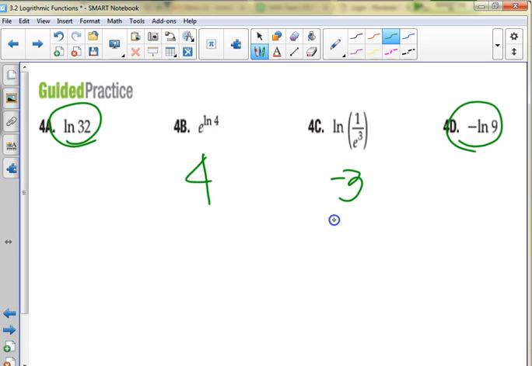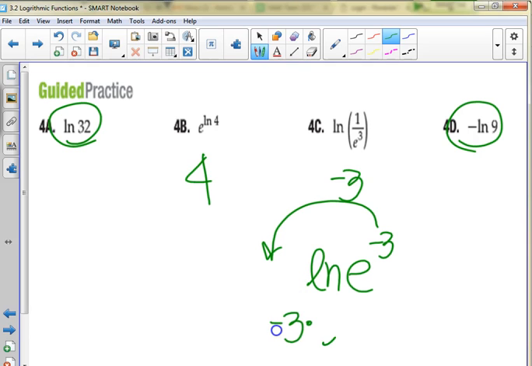Because it's in the denominator. Okay? This is really ln of e to the negative 3 because that's what puts it in the denominator. Do you kind of remember this whole, we're going to talk about tomorrow, the exponent moves out in front, so this becomes negative 3 times ln of e, and then this is just 1. That's a property we'll talk about tomorrow.